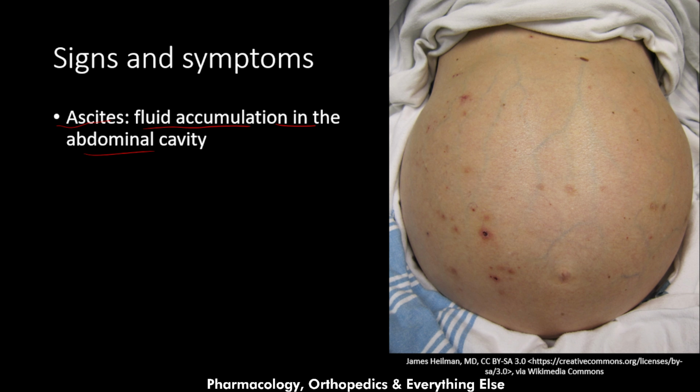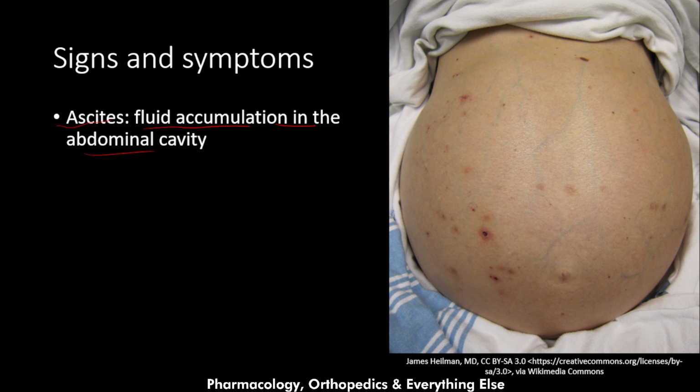That is because one of the functions of the liver is to synthesize albumin. The albumin is related to the oncotic pressure, and the oncotic pressure helps keep the fluid inside the circulation. Generally speaking, regarding the blood movement inside the vessels, we have the hydrostatic pressure, which is the pressure formed by the heart to push the blood into the circulation, and we have the oncotic pressure, which is formed by the proteins, mainly the albumin, which help keep the fluids and the blood inside the circulation.